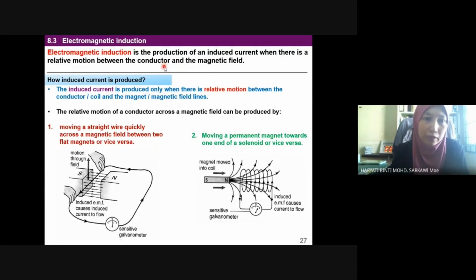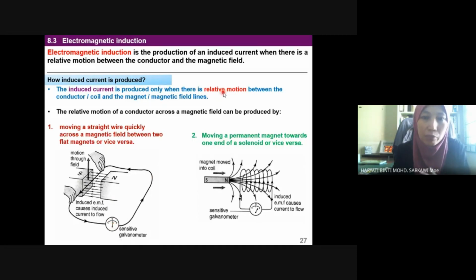Both are accepted. So how is induced current produced? Only when there is relative motion. Relative here refers to both of these: they are not moving at the same velocity. If both the conductor and the magnet move at the same velocity, there will still be no current produced because they have no relative motion.